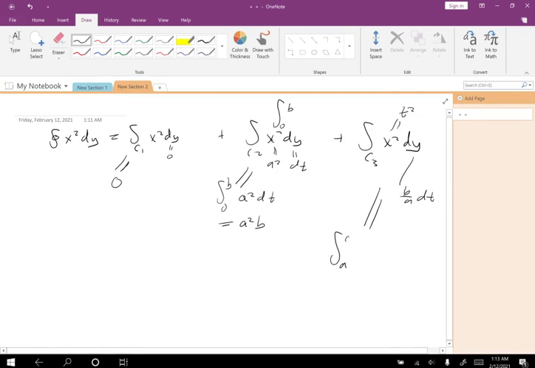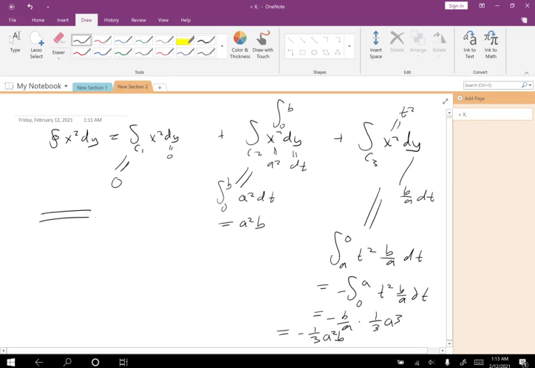So I'm going to write that integral as the integral from a to 0 of t squared b divided by a dt, and you just add a minus sign to make it normal. So we get negative b divided by a times 1/3 a cubed, which is negative 1/3 a squared b. Overall, we get a squared b minus 1/3 a squared b, so we get 2/3 a squared b.